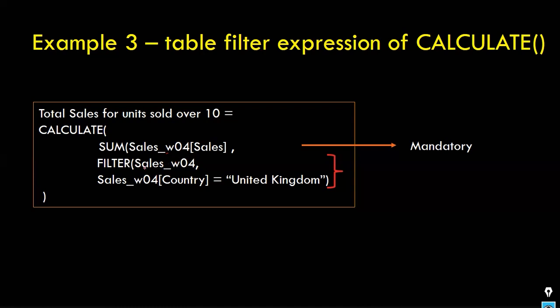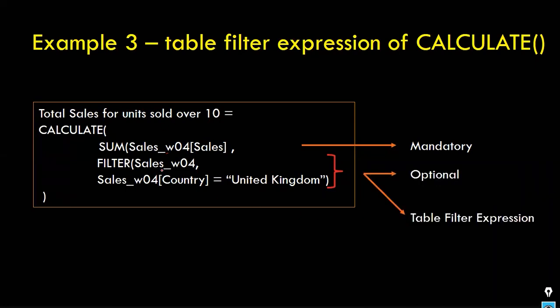It iterates one row at a time. Since it is an iterative function, the first argument is supposed to be a table name, comma, country equal to United Kingdom. Here we are doing the filtering. So take only United Kingdom related data, a subset of the data from your sales W04, only for this country.